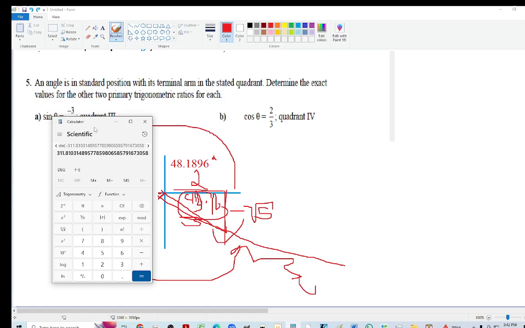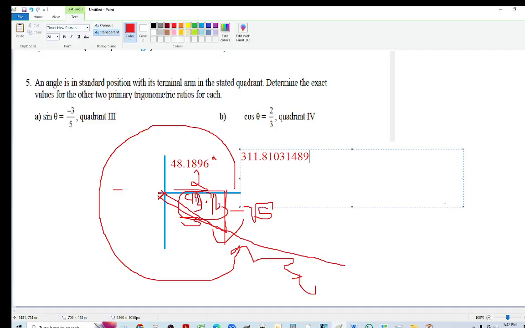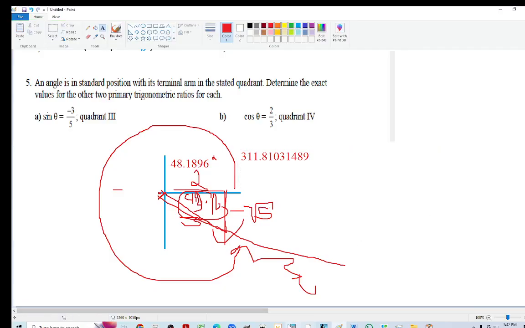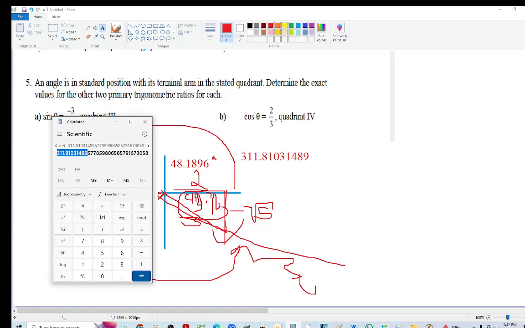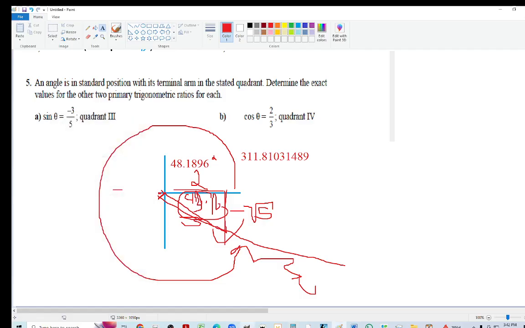So this is the actual angle they're talking about. That's the terminal angle. So if I were to take the cos value of that, I'm going to get 2 over 3, or 0.66. There we go. So if they ever ask you the angle, you can figure it out.